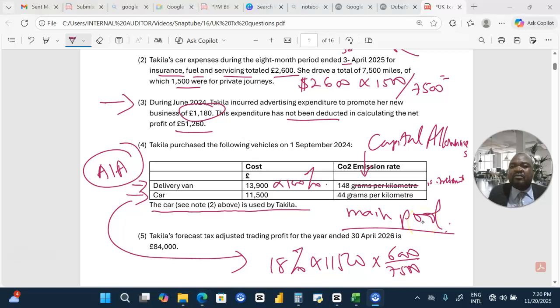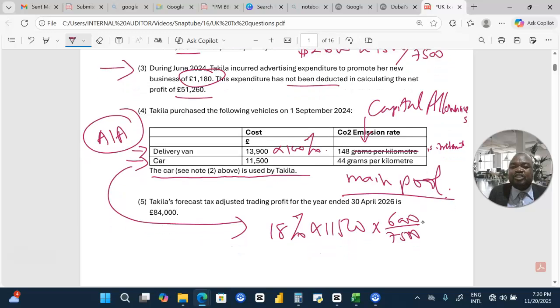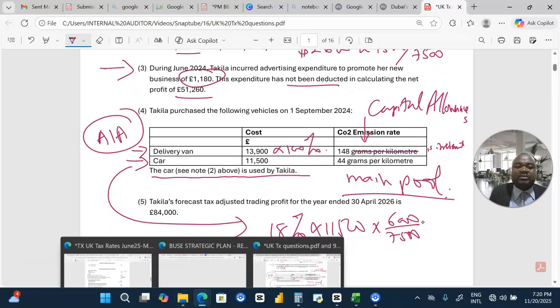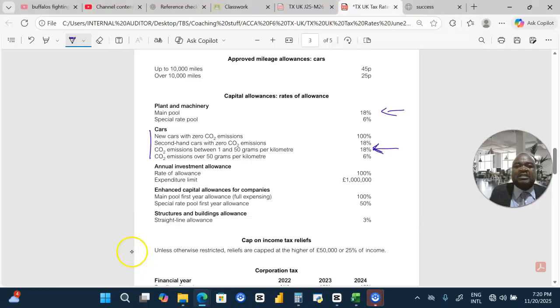Okay, but now the 18%, ladies and gentlemen, from the tax tables, these are annual rates. These are annual percentages. So in Takila's case, the business was not in operation for the full 12 months.